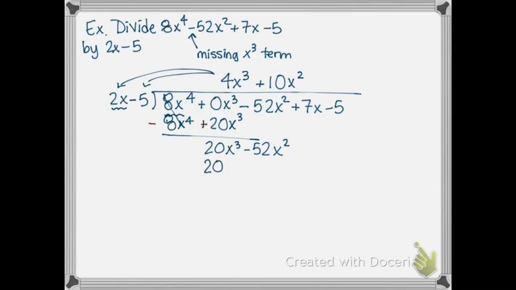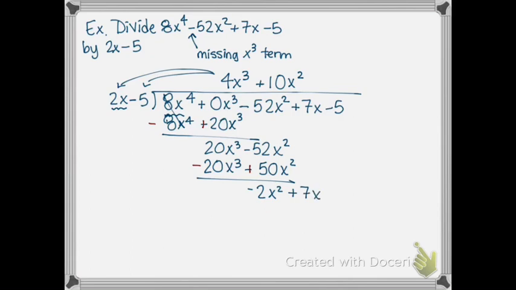When we distribute, we get 20x cubed minus 50x squared. Change the color, change the signs to their opposite, and now we add. So adding, we get negative 2x squared plus 7x.